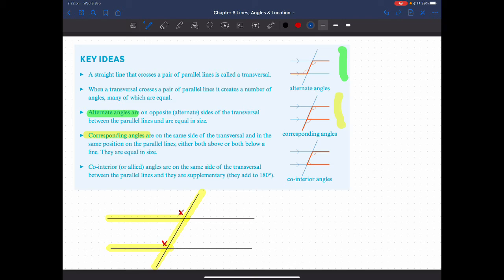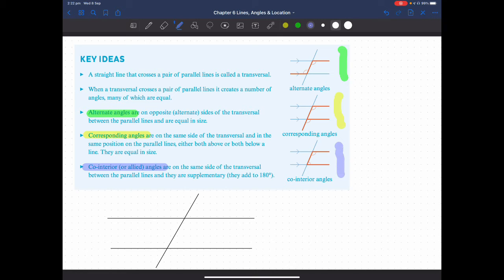In blue, below the lines, here and here are corresponding to each other. Corresponding angles are equal.